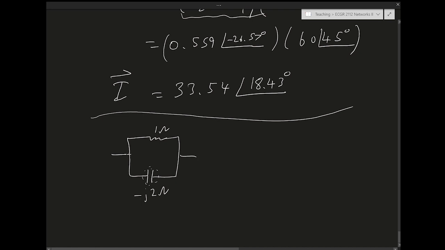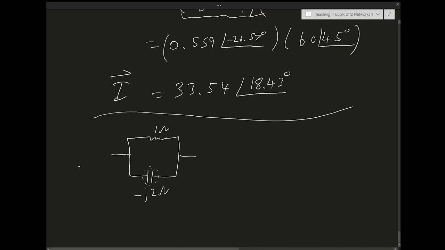If you see a capacitor and a value given that's imaginary and positive, that tells you that they're giving it to you as an admittance. Because when you take j and you take 1 over j, that turns it into minus j. When you take minus j and take its inverse, that turns it into j.